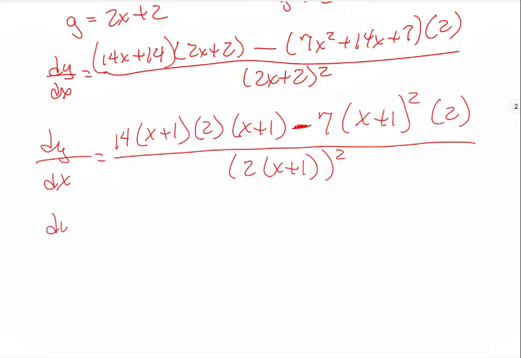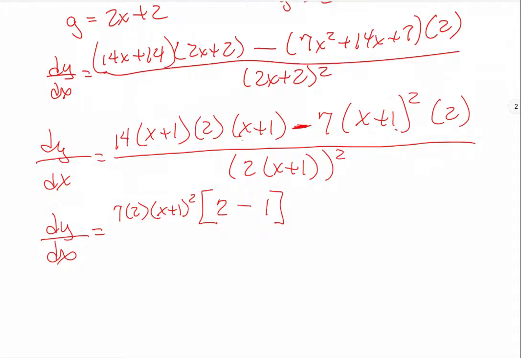So what I have, because I have to simplify dy dx. Now, in the numerator, I can factor out a 7 times 2 times x plus 1 squared, and I'm left with a 2 minus 1. Okay?